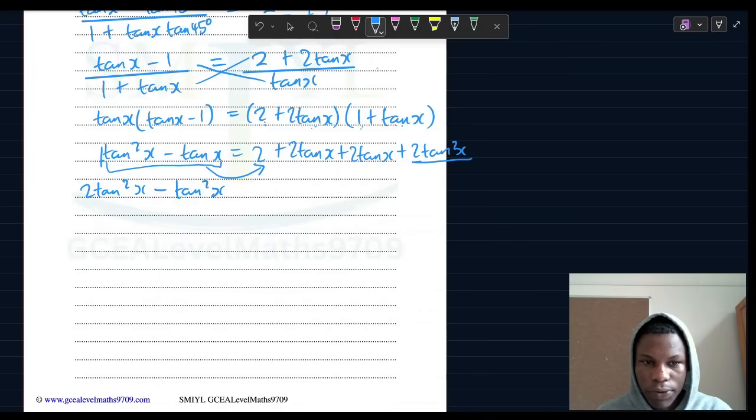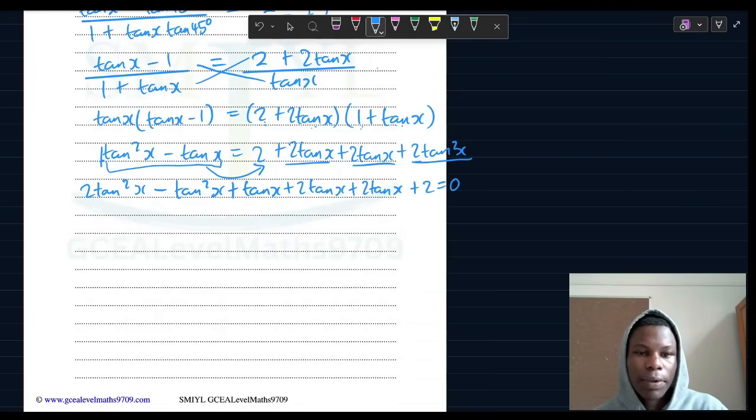And then I'll just move this minus tan x to the other side, it becomes plus tan x. And then we've got this plus 2 tan x. Oh, should have added that, plus 2 tan x. And then we've got the plus 2 there. And this is all equal to 0.